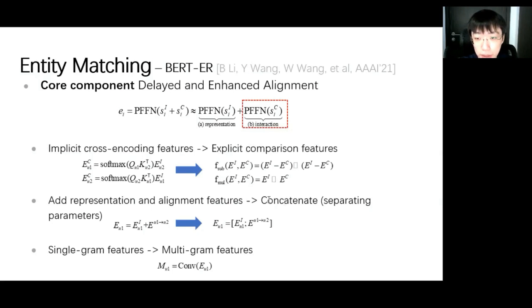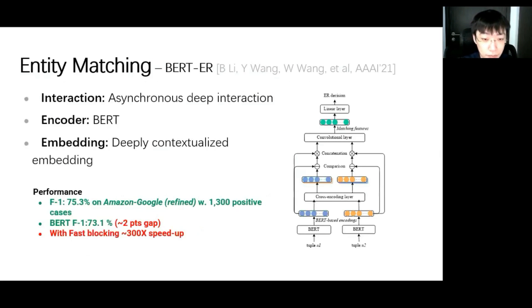Also, we can concatenate the representation and alignment features to keep their parameters separate. And we can employ multigram convolution to extract multigram features. Compared with BERT, our model BERT-ER has a 2-point improvement. Most importantly, with a fast blocking module, it can achieve a 300 times speed up.